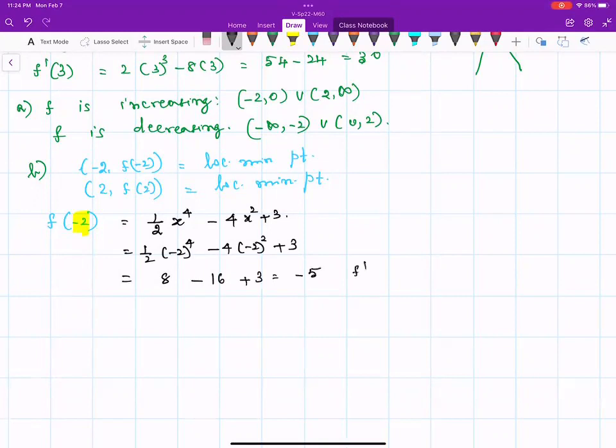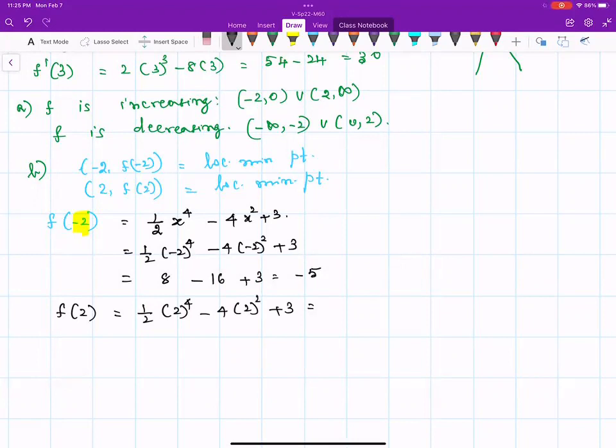So we notice f of -2 is equal to -5. So what is f of +2? This is an even exponent. f of +2 should also be the same: half of 2 to the power 4 minus 4 times 2 squared plus 3.